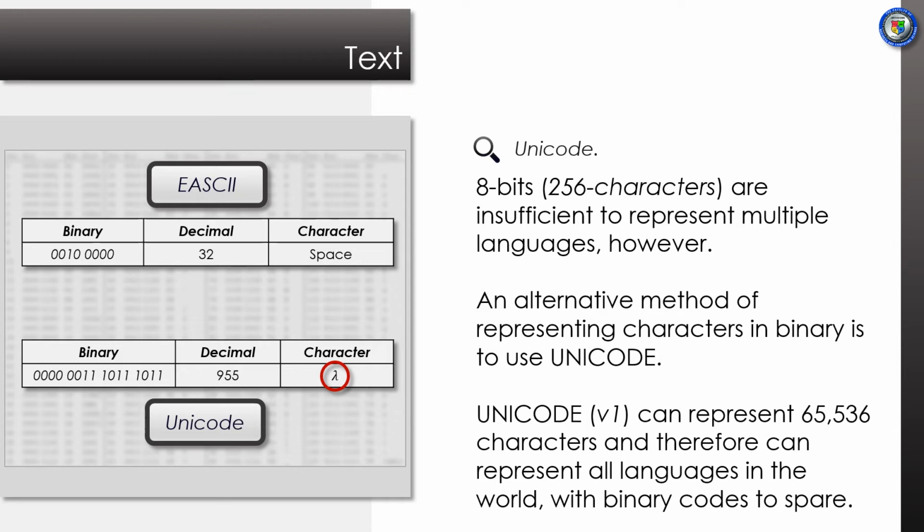An alternative method is the use of Unicode. Unicode uses 16 bits and can represent 65,536 characters. We'll learn more about Unicode in the higher course, but it gives us something to compare and contrast against.